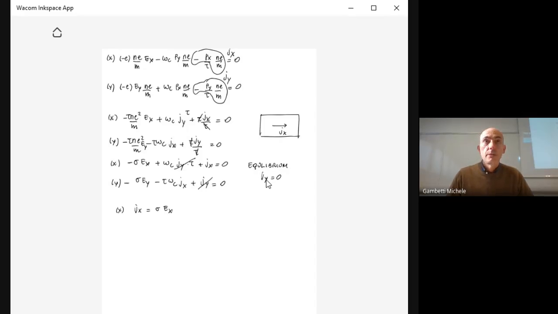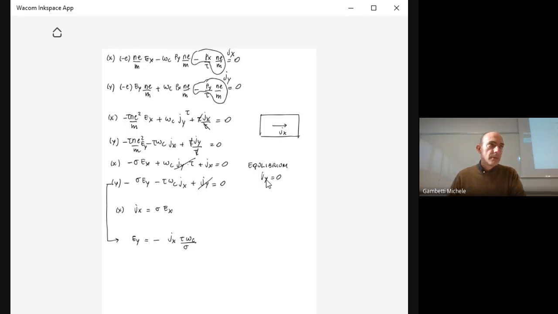Let's see what happens concerning the second question, the sign of Ey. In the second equation, we have that Ey is equal to minus Jx times relaxation time omega c divided by sigma.